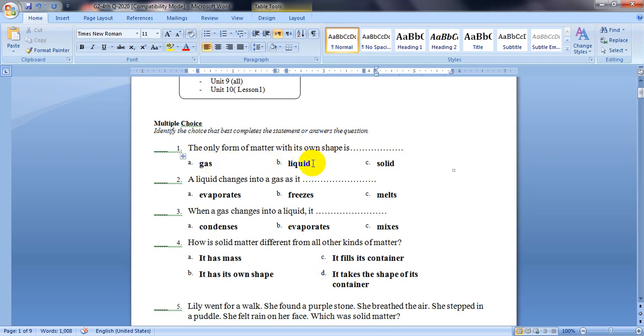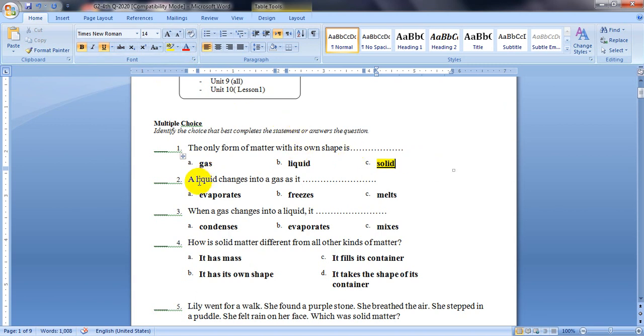A liquid doesn't have its own shape. It takes the shape of its container. What about a solid? It's the only kind of matter with its own shape. It keeps its own shape. So the answer here will be letter C, a solid. A solid has its own shape.